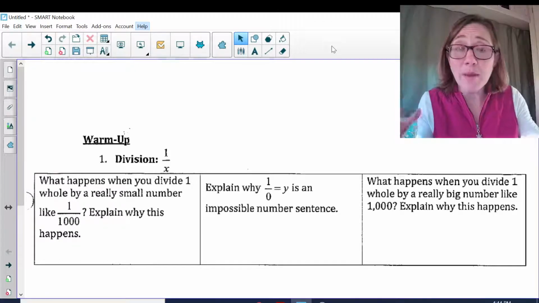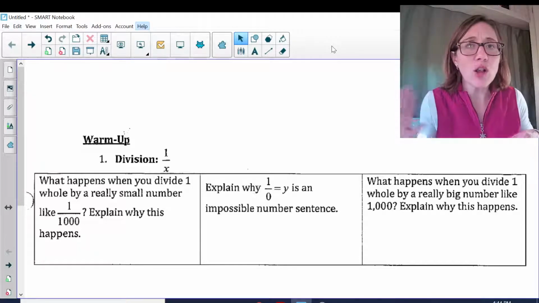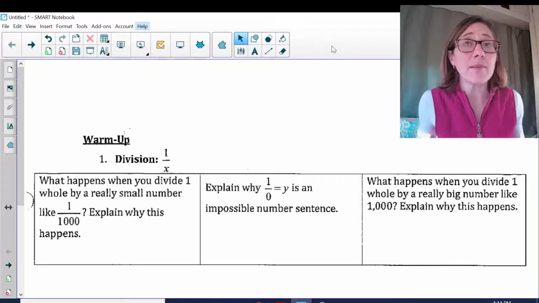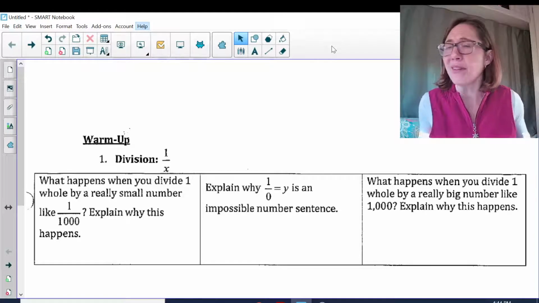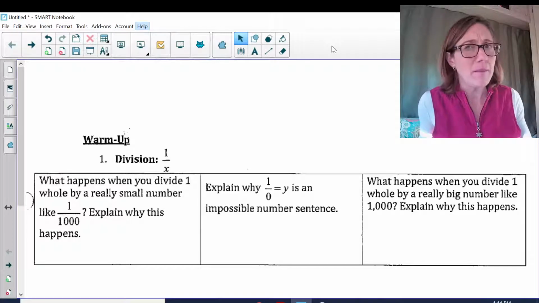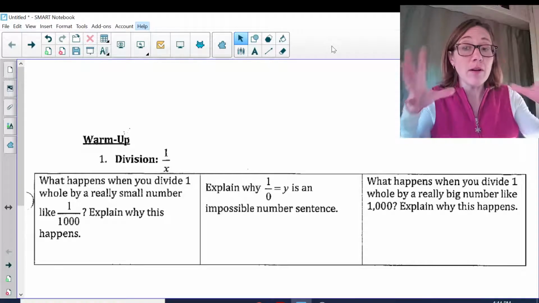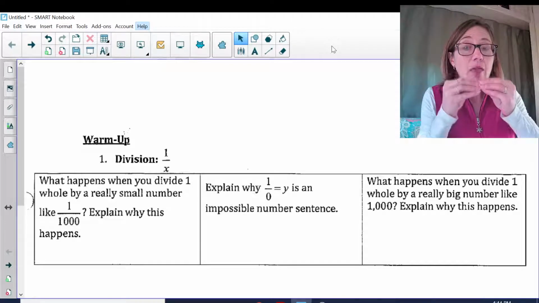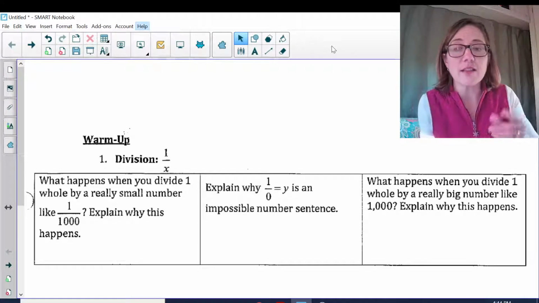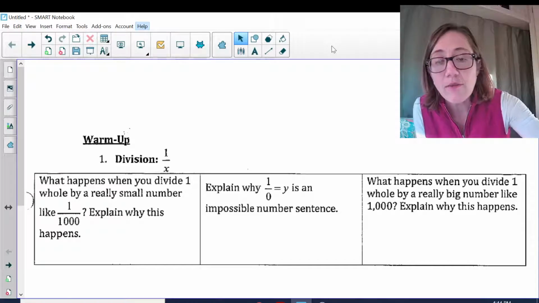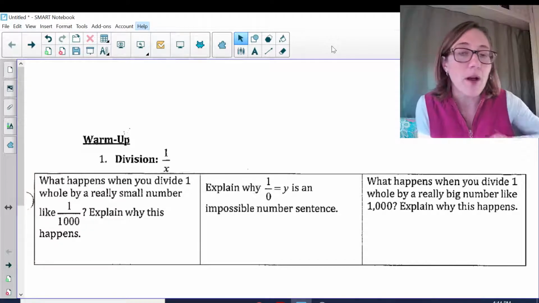If I have the same size pizza and now I say I'm going to split it with like 1,000 people, you're like, don't bother, I don't need a crumb. So the bigger the number gets that you're dividing by, the smaller your fraction gets. So it approaches 0. So you could fill that in this third box here.